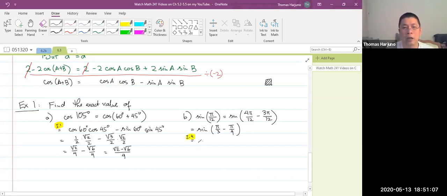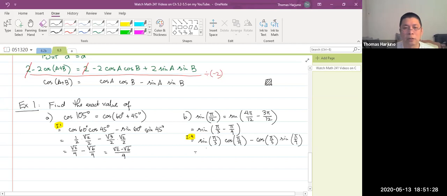That's sine pi over 3 times cosine pi over 4 minus cosine pi over 3 sine pi over 4.